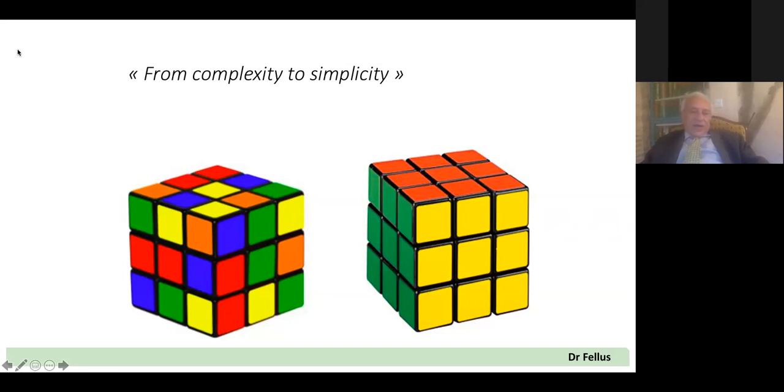And I like this Rubik's cube because when I try to use the Rubik's cube on the left part, I spend 10 minutes to have one face. And when I have one face, I begin the second one and I disturb all the things, even the first face.